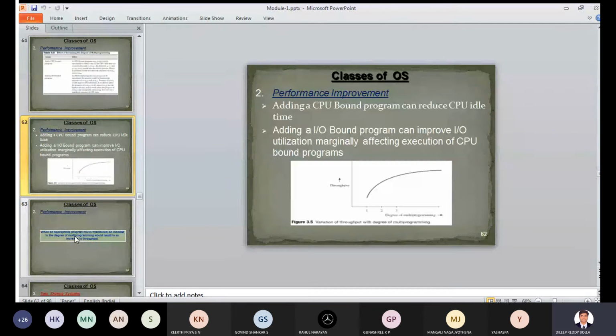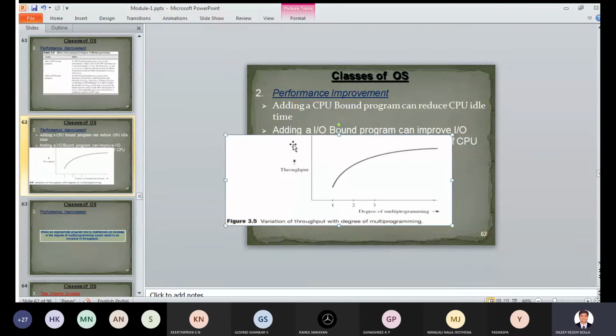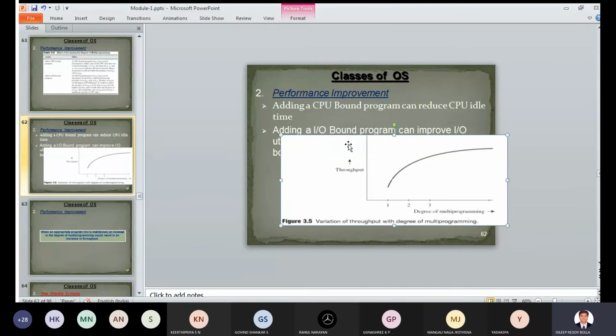Here we discussed the priority allocation in the previous class. We'll recap that once again and then move on to time sharing process. We observed that when we use multi-programming, the throughput of the system increases, as you see in this graph. The degree of multi-programming is increasing from 1, 2, 3, and so on.